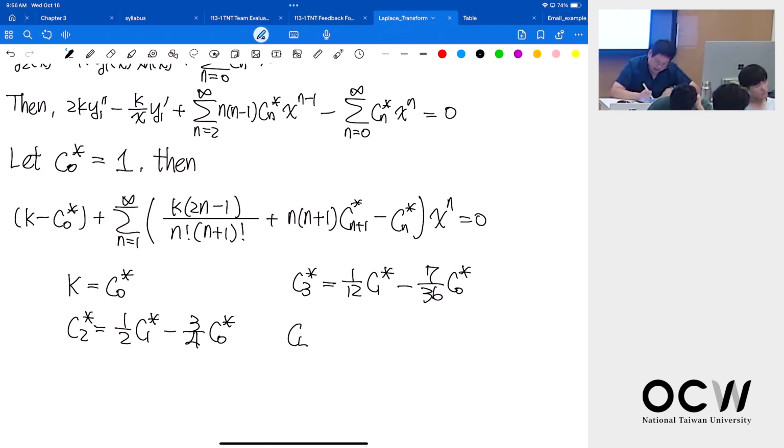And then C4 star will be 1 over 144 C1 star minus 35 divided by, there's a big, huge number.